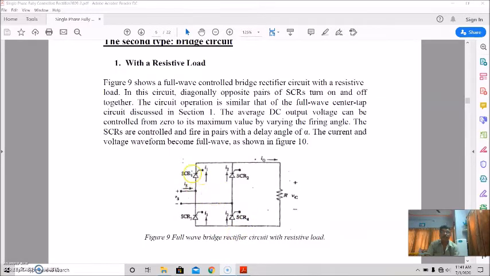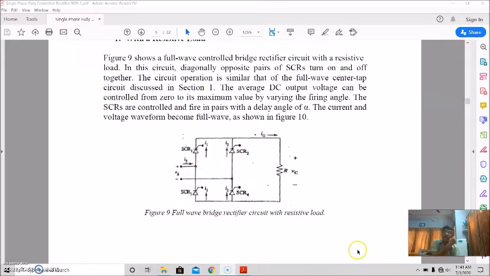For the first or positive half of the supply voltage, one diagonal pair conducts, and for the negative half of the supply voltage, the diagonally opposite thyristors 2 and 4 will conduct. If the thyristors are fired at a delay angle of alpha, the conduction path will be like this. Once again, this is the conduction path, and for the negative half, it will be like this.